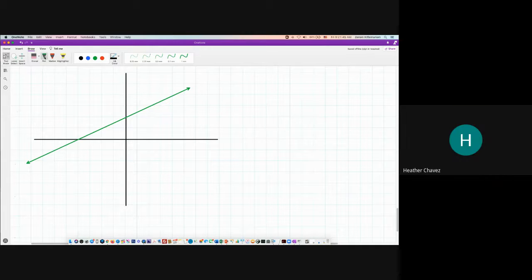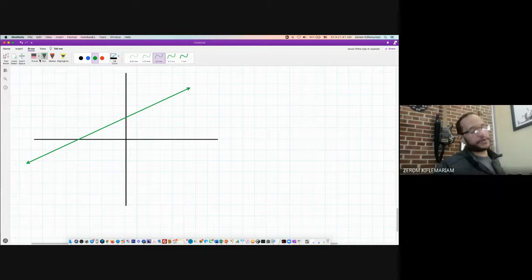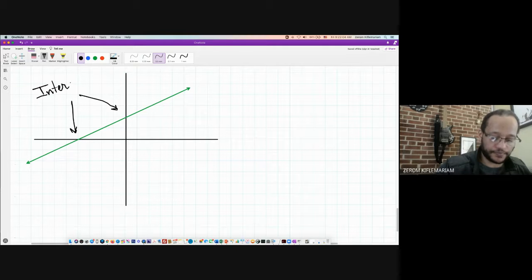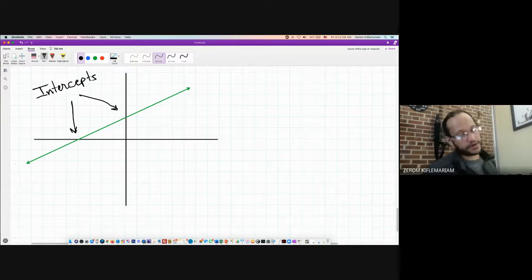Yes. Okay, so now the green line is crossing the x-axis and crossing the y-axis. When it crosses the x-axis and the y-axis, these are called intercepts. What are intercepts? Where the graph crosses one axis, it is intercepting that axis.